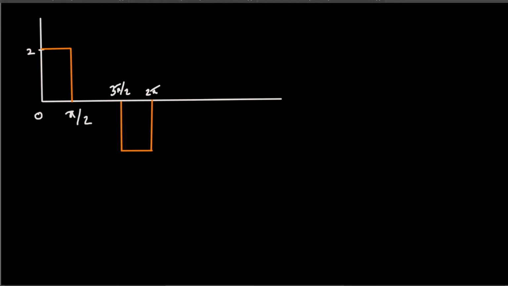So the height here is -2. Now let's find the energy of this. This is x(t) plus y(t). Now let's find the energy of this and see if it's equal to 4π joules. That's what we're supposed to get.